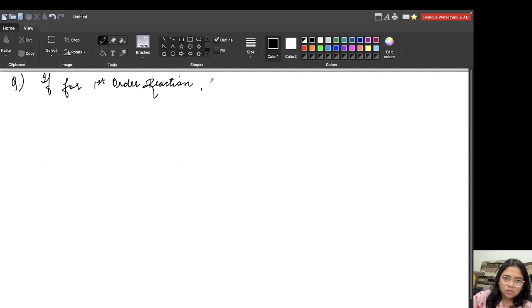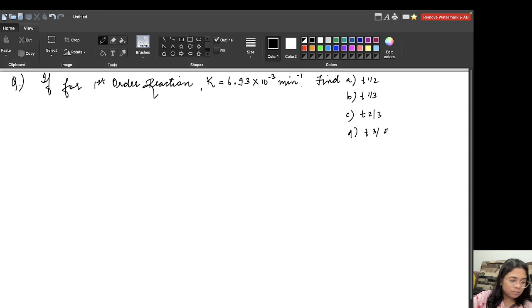If for your first order reaction your K is 6.93 into 10 to the power minus 3 minute inverse, what do you need to find? You need to find A, your T half, B, your T 1/3. What does 1/3 mean? Reaction is completed on 1/3, 2/3, and then T 3/4 you need to find.